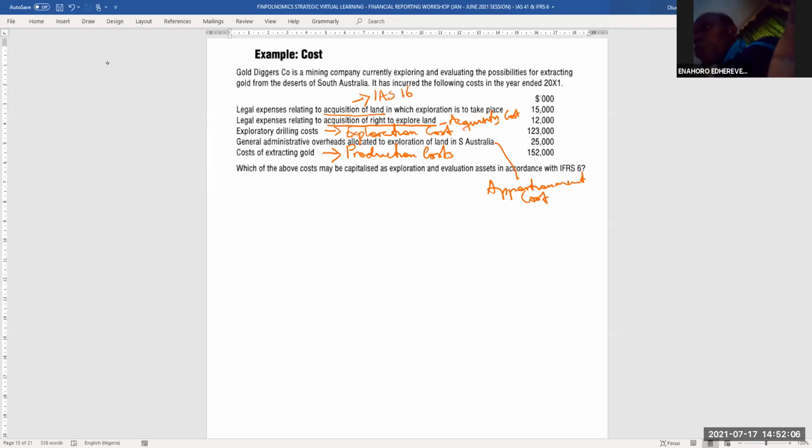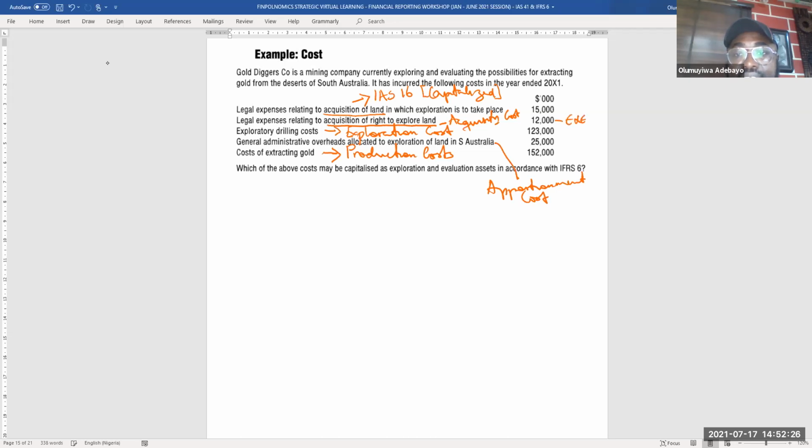Now, the question is this. Legal expense relating to land will be treated as PPE, therefore, is capitalized. Legal expense relating to acquisition of rights is an acquisition cost. Therefore, this is E&E expenditure.